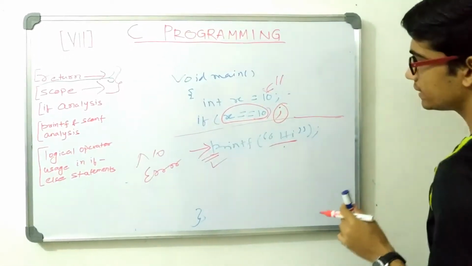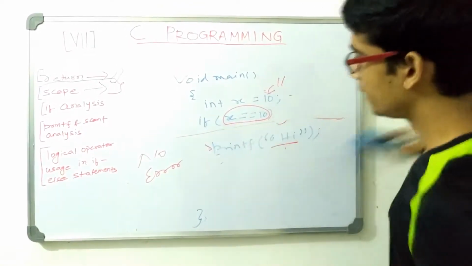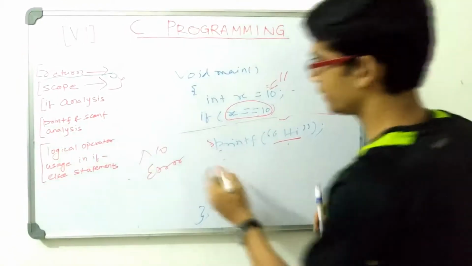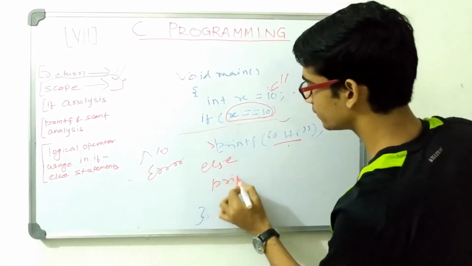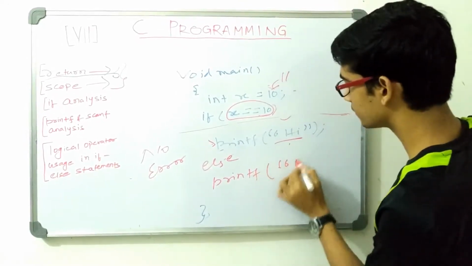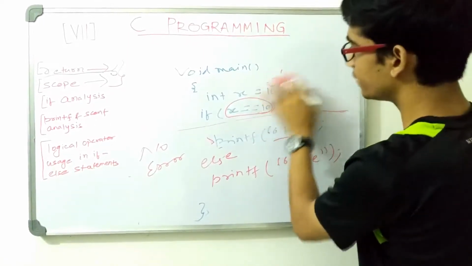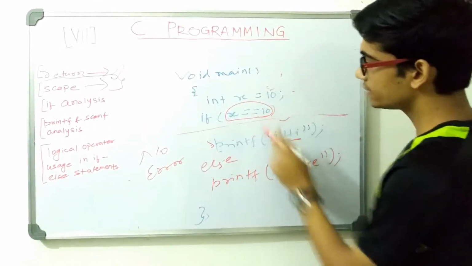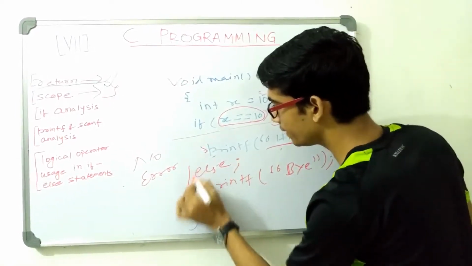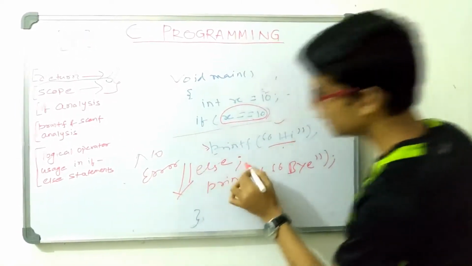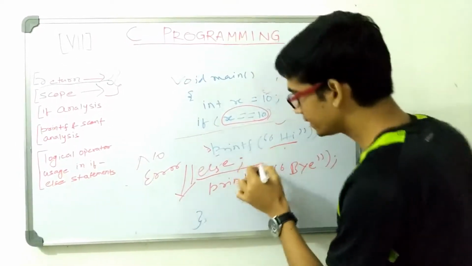Okay, what if we put a semicolon after else? See, a similar scenario will occur. Like I write else and then I print bye. So suppose this is 10. Now this is 10, so only high will be printed. If I put a semicolon here, what will happen? The scope of else will be closed.